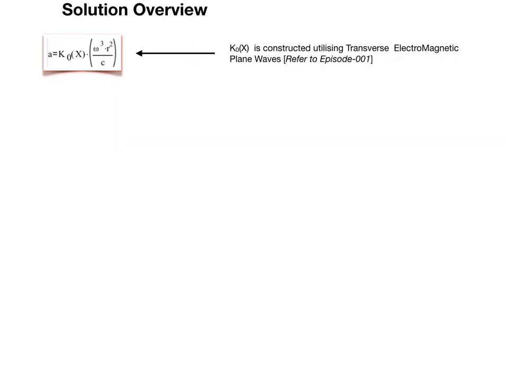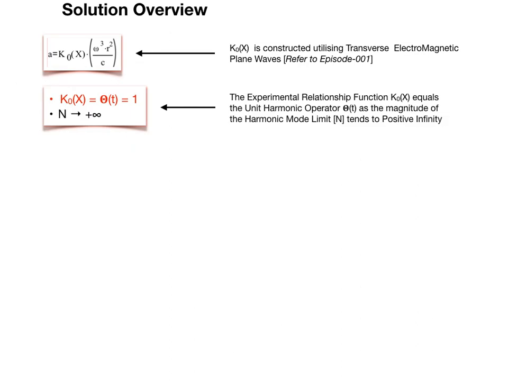Let's now have a look at what we've been able to achieve in this presentation. Firstly, we utilized the experimental relationship function derived in the first episode, to find an ideal solution utilizing Fourier harmonics. Next, we introduced the concept of a unit harmonic operator and established that it equals the required experimental relationship function, as the magnitude of the harmonic mode limit tends to positive infinity.